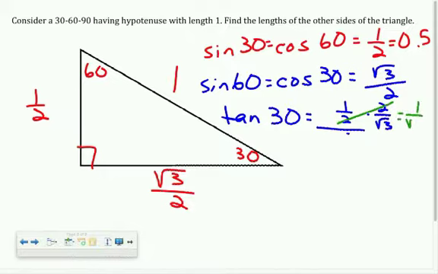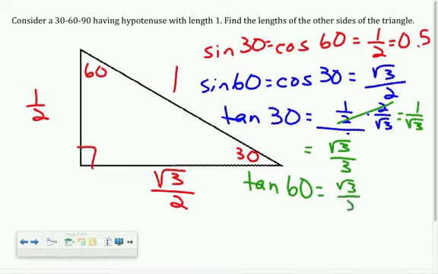So I'd have 1 over radical 3, and when we rationalize that denominator, the tangent of 30 is radical 3 over 3. And when I take the tangent of 60, that's radical 3 over 2 over 1/2. But again, instead of putting it over 1/2, let's go ahead and multiply it by the reciprocal, which is 2 over 1. So the tangent of 60 is just radical 3.